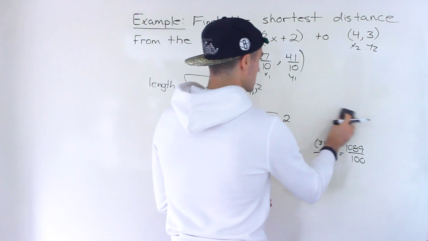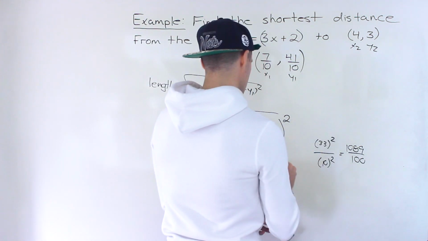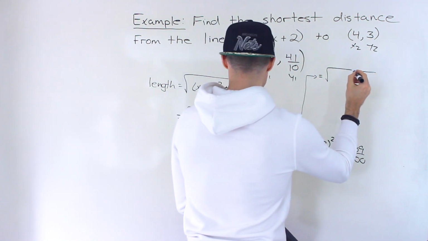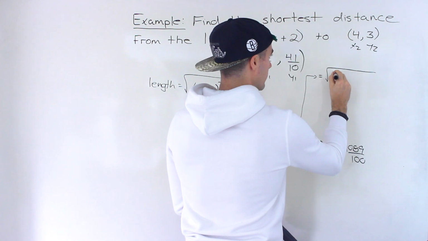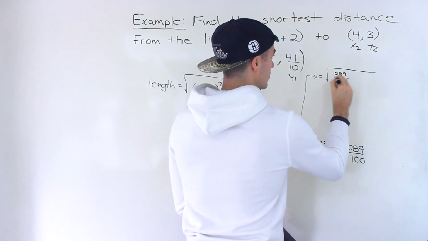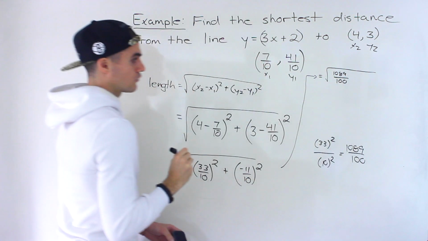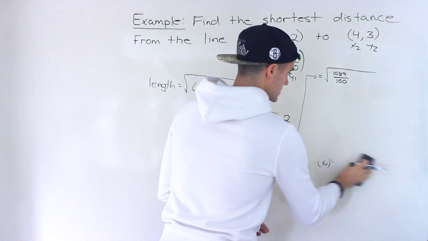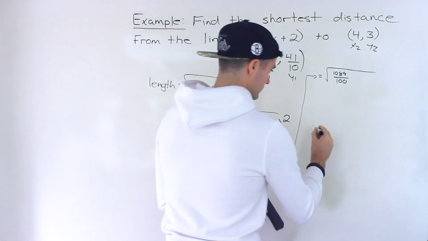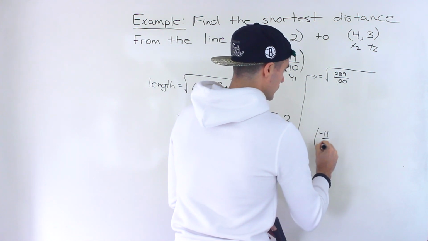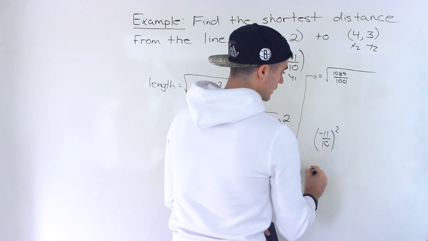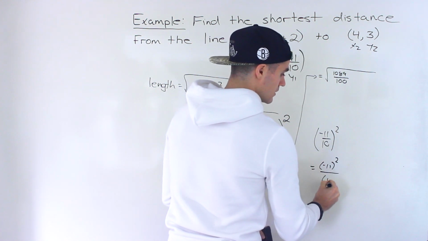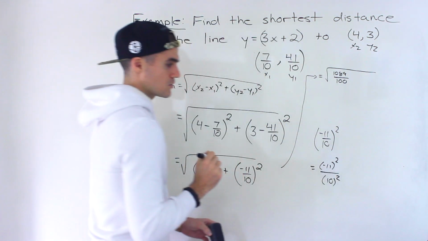So let's continue this up here. So we'll have the square root of 1089 over 100. That's what this is going to be. And then following the same process for this, negative 11 over 10 to the power 2 would be like negative 11 in brackets to the power 2 over 10 to the power 2.